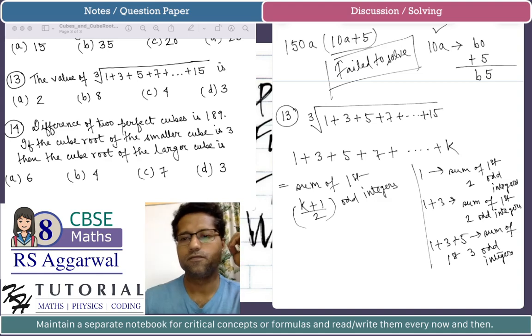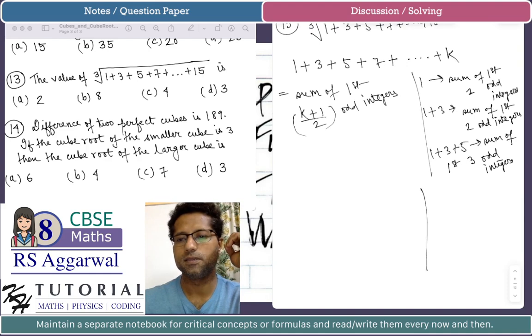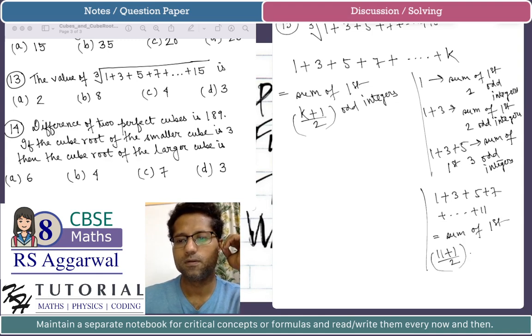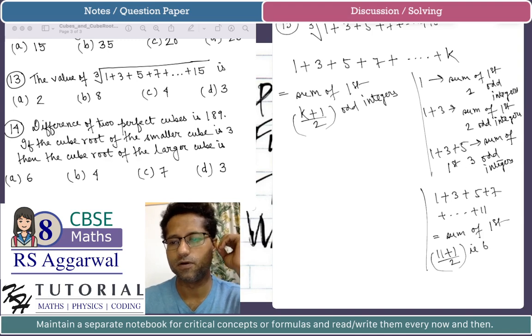Applying this concept, I can say that 1 plus 3 plus 5 plus 7 plus, let's say, up to 11 is equal to the sum of the first, the last term is 11, so 11 plus 1 by 2, that is 6, the sum of the first 6 odd integers.